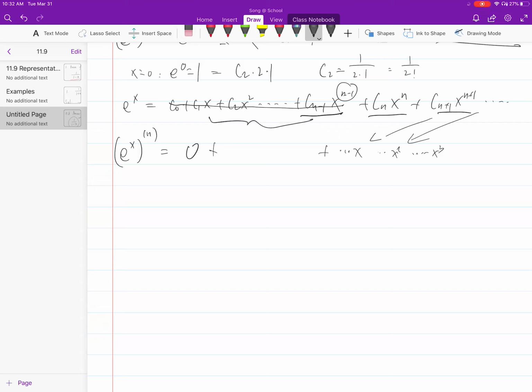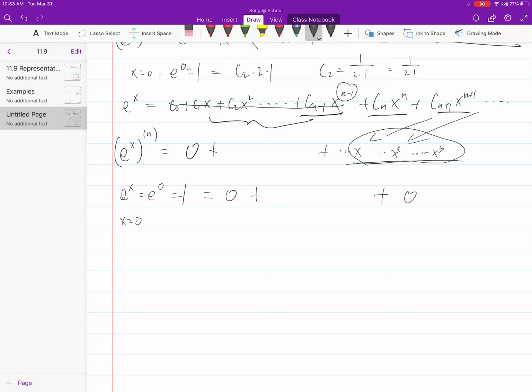Good so far? Now, is that a problem? Well, remember, you take the derivative of e to the x n times, it's still e to the x. Now, if you plug in x equal to 0, then this one becomes e to the 0, which is 1, which equals 0 plus, and then all these x will be gone once you plug in 0.